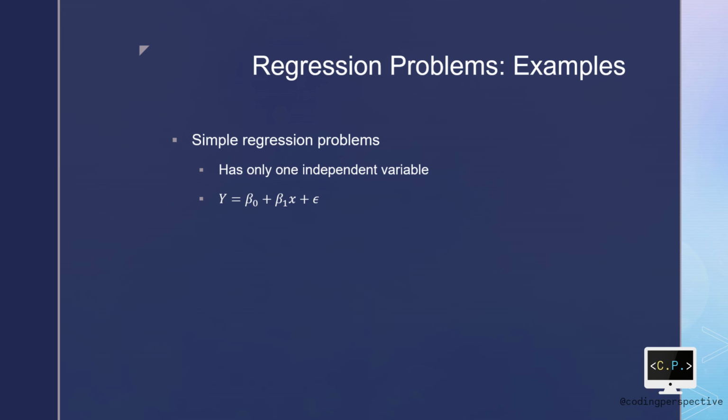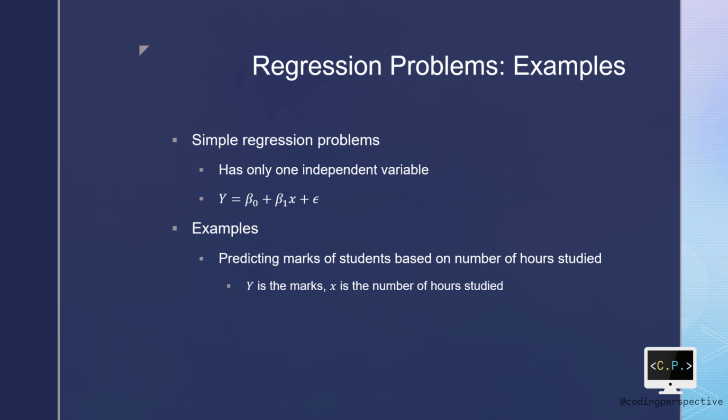However, those are out of scope of this video. Predicting the marks of students based on the number of hours studied can be given as an example. In this case, we have the number of hours studied as an independent variable and marks as a dependent variable. We are going to use x to predict y by adjusting the beta variables in the formula presented.